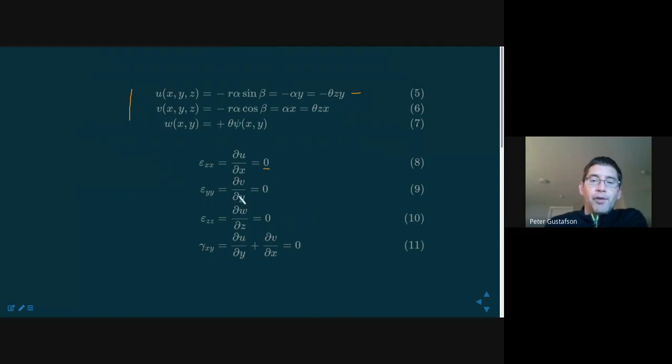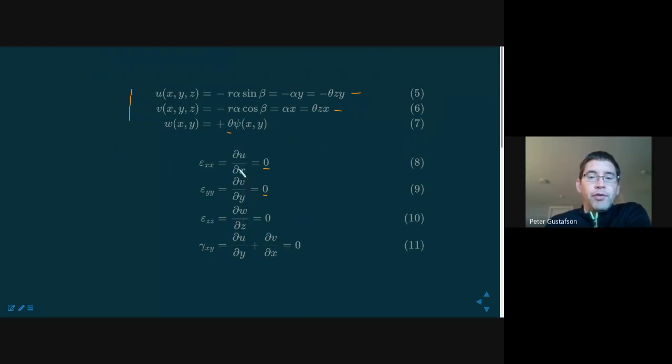Similarly, we can look at epsilon yy. This is dv dy. Here's v, which is a function of theta, z, and x, not a function of y. So epsilon yy, again, 0. Epsilon zz, by definition, dw dz.